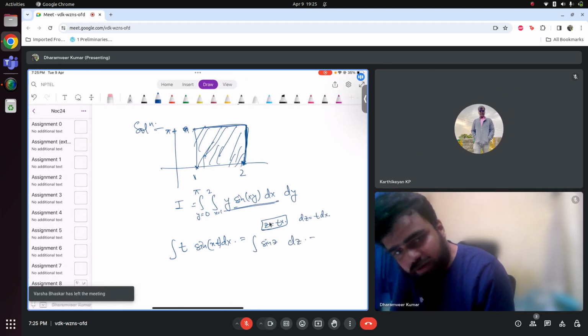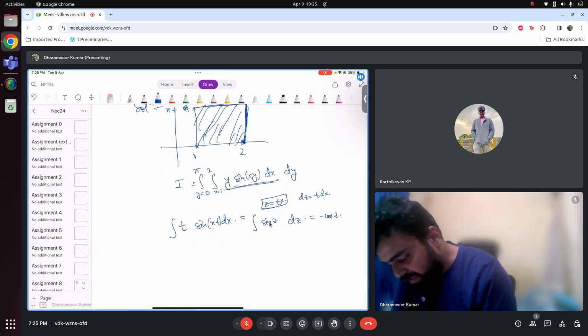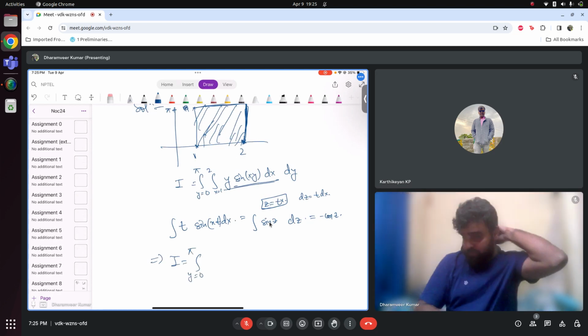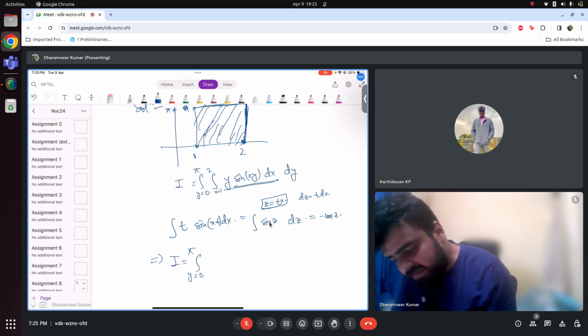And then what you get is minus cos z. Similarly, that implies I is equal to minus cos xy with x is equal to 1 and x is equal to 2.